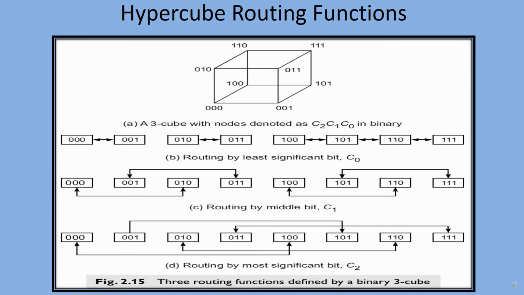When we do the routing with respect to the least significant bit, there should be a change only in the least significant bit. So for the combination 000 and 001, the difference is only in the least significant bit, 0 and 1. The other two bits are common.